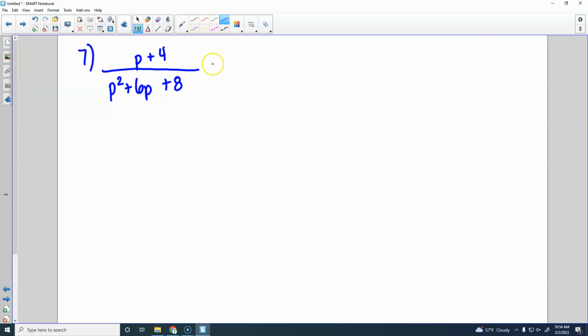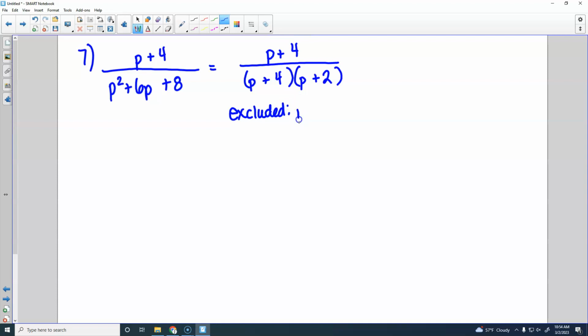So it would be perfectly fine to go ahead and just factor this first. And so if I factor that denominator, I should get p plus 4 and p plus 2. So my excluded values would be p equals -4 and p equals -2.